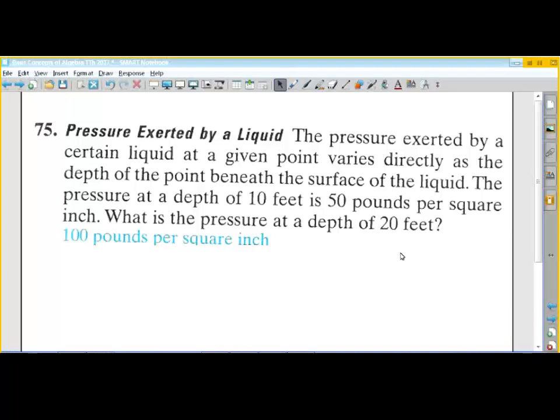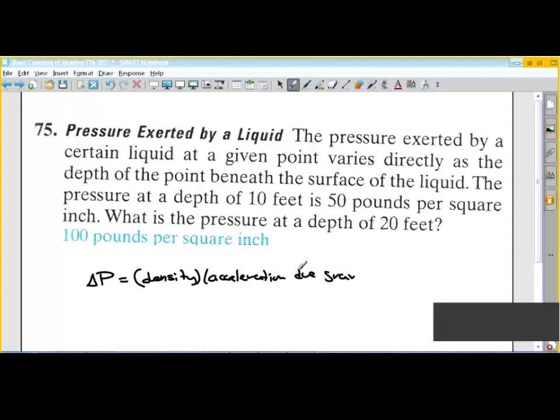From a physics standpoint, which you don't need to know to solve this problem, but I'm giving you a little extra insight for free, the difference in pressure between two levels is equal to the density of the fluid times the acceleration due to gravity times the height difference.